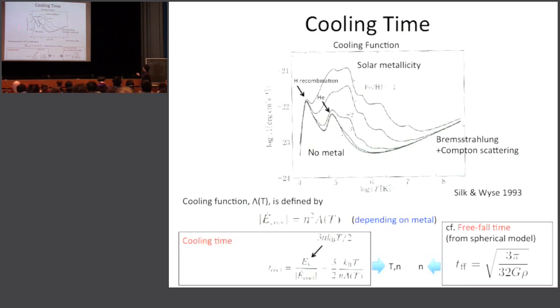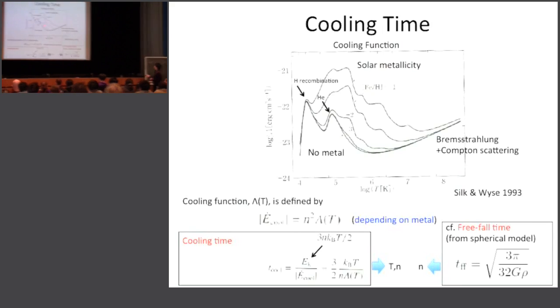But this shows the cooling function, lambda, as a function of the virial temperature. So lambda is defined by the cooling rate divided by the square of the matter density. And so this shows how easily you can get the cooling. The upper part shows the faster cooling, and for the no metal gas clouds, you have the two peaks which represent the hydrogen and the helium recombination energy.